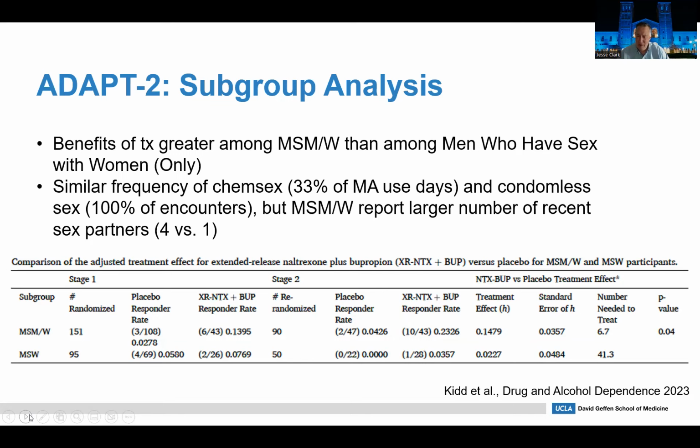Is it that sexualized drug use, which wasn't actually terribly well captured with this data, is more common among MSM and a more frequent motivator for use, so that it's something that they would respond better to treatment, as opposed to people who are not using it for sexualized drug use, but instead using it for things like staying awake or working long shifts, where they may not be as easily able to stop or may have developed more of a tolerance and not use as recreationally? I don't know. There are a lot of questions still to be answered from this, but it's a very intriguing finding from this trial. Next slide.